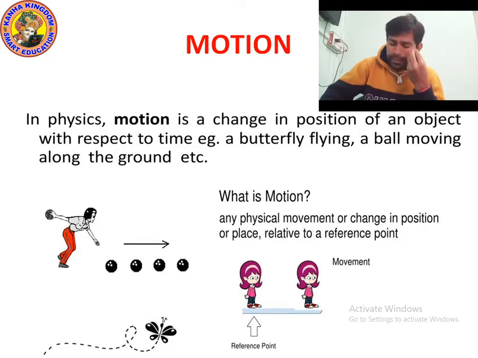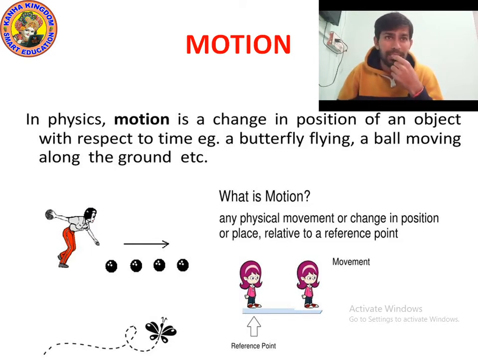But before that, let me tell you one more definition of motion. The first definition is on the screen. Motion is changing in position of an object with respect to time.